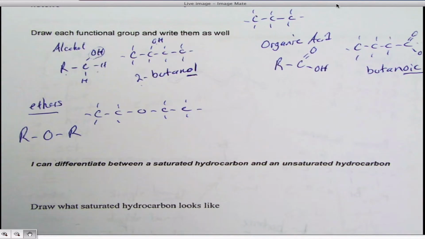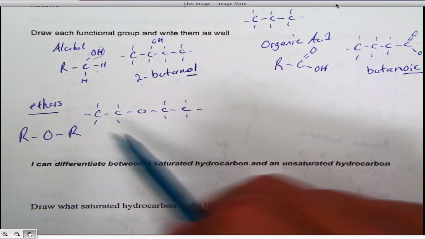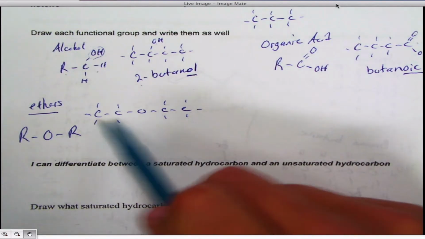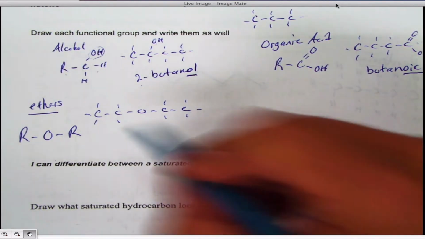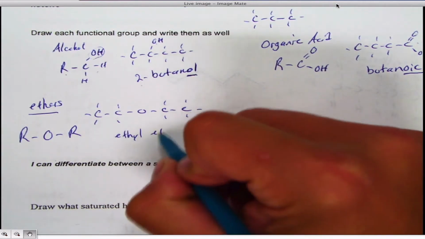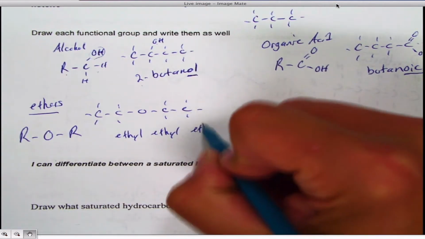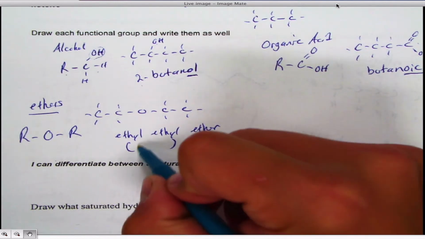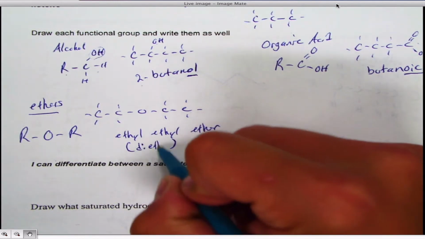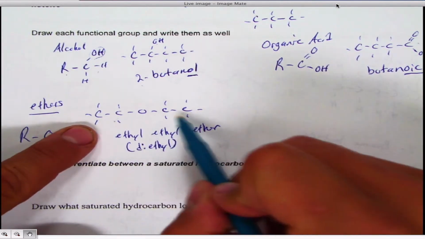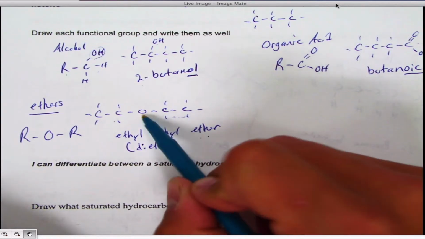So what we do is we name the parts to it. On this side we have 2, and this side we have 2. So the prefix for 2 is eth. So what we have is an ethyl ethyl ether, or you could combine this, because they're both ethyls, you could say diethyl ether. Here's an ethyl group, here's an ethyl group, and then ether tells me I have a sandwiched oxygen between them.